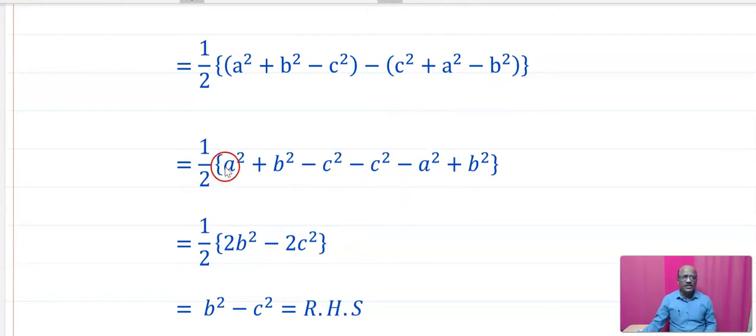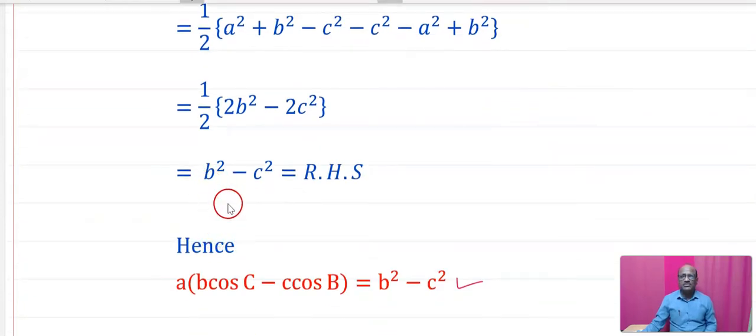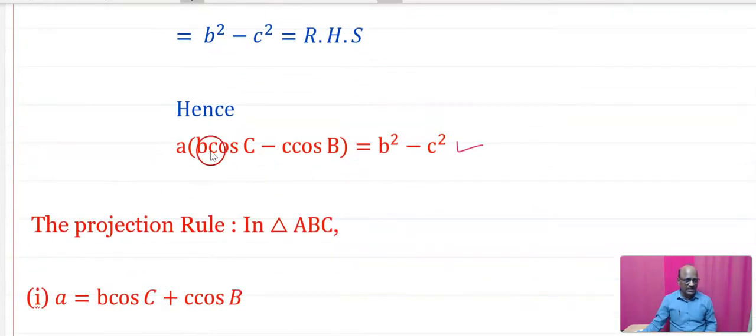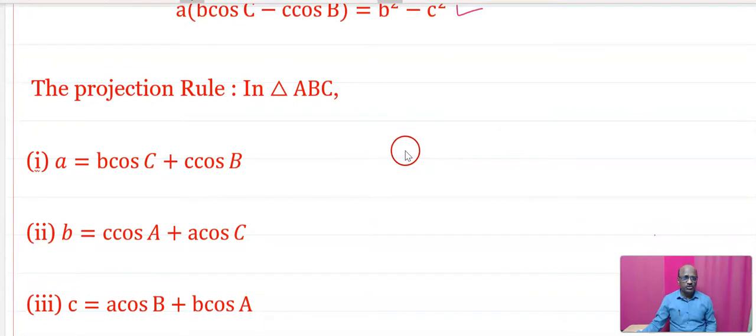Here the plus a square and minus a square get cancelled. Plus 2b square minus 2c square. Take 2 as common, then you will get b square minus c square, and that's nothing but the RHS. And hence a(b cos C minus c cos B) is equal to b square minus c square.